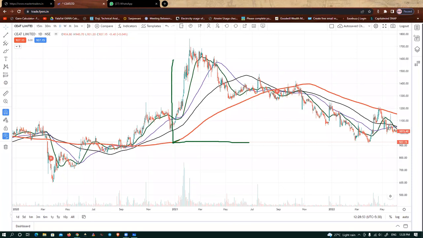Suppose you bought somewhere here using the pattern, you invested here and it went up to 1700, so 750 from 1250 within 1, 2, 3, 4, 5, 6, 7, 8, 9, 10, 11, 12 days.